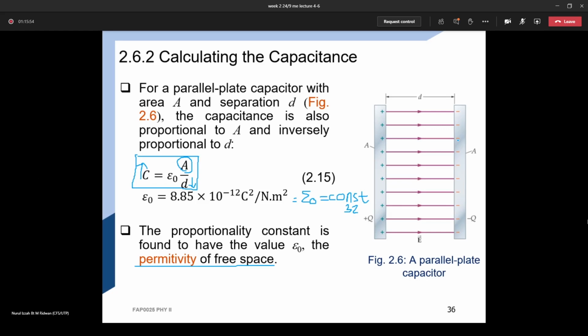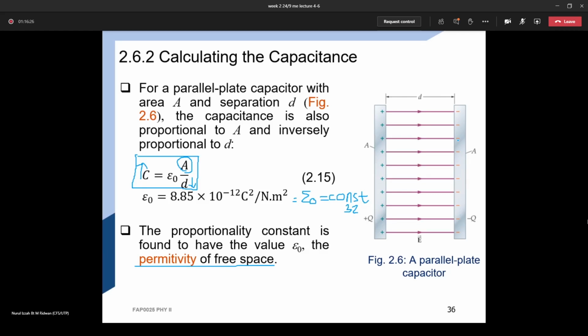Even though you can make your distance smaller to enhance the capacitance, it cannot be attached, because when they attach to each other, there will be no room for the charge to move. When the charge doesn't move, you don't have electric current. So that is the idea of having a little space in between the metal plates.